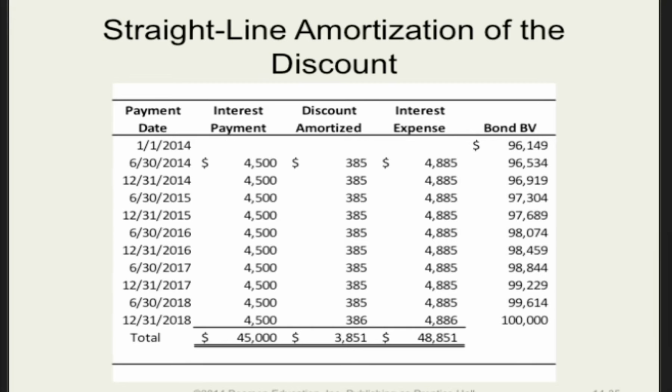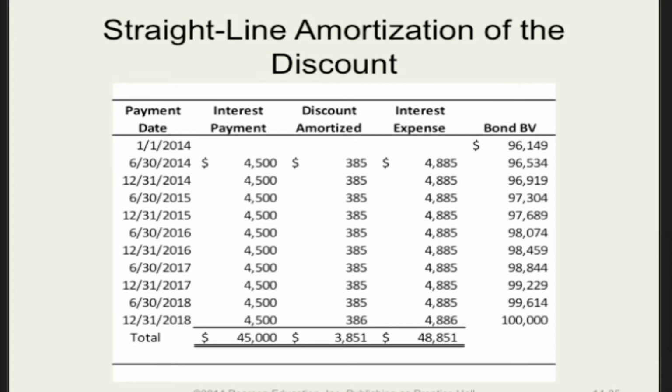In addition, we will amortize the $3,851 discount using a straight line approach, so basically just dividing that amount by 10 equal payments, giving us $385 per period. Of course, in that case, the last period, the discount amortization is $386 to account for previous rounding differences.